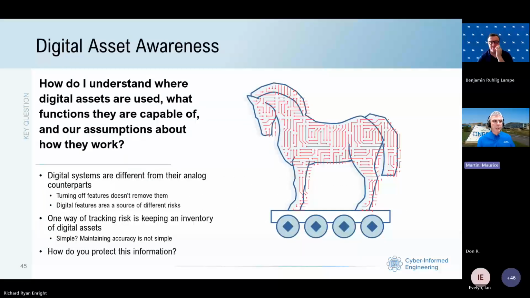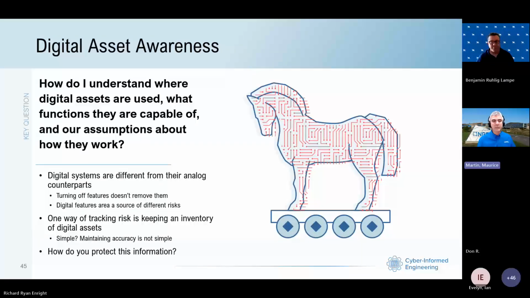Okay. Digital asset awareness. The phrase sounds like it'll be related to asset management, and it is certainly. But we're going to stir a little bit of failure mode analysis in there as well.